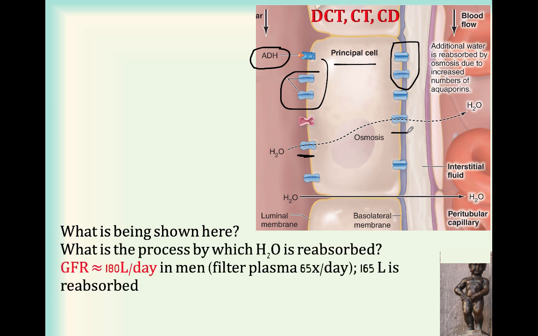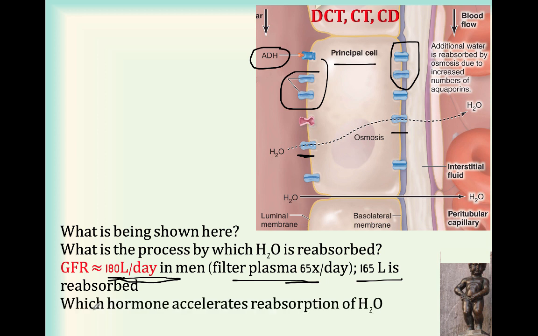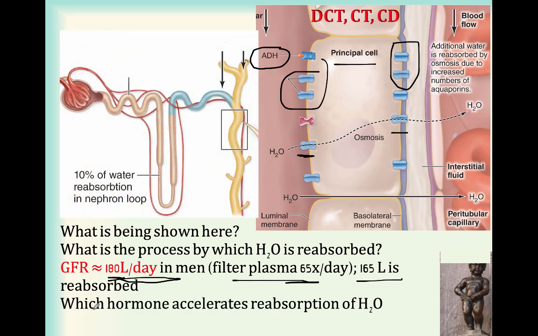Okay, and so osmosis is just simply a special case of diffusion. Again, in adult males, glomerular filtration rate could be as much as 180 liters per day. And so we're filtering the plasma 65 times per day. 165 liters is reabsorbed. And again, the ADH is going to help with that process.